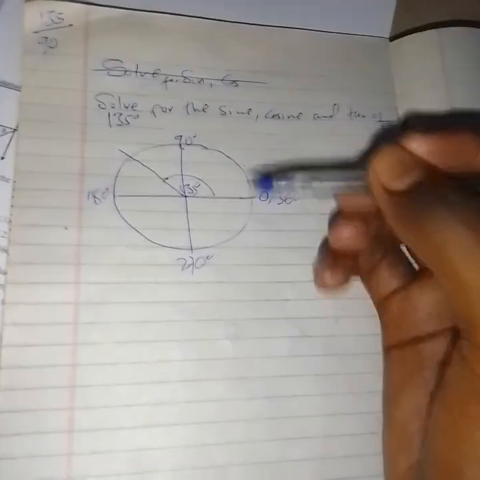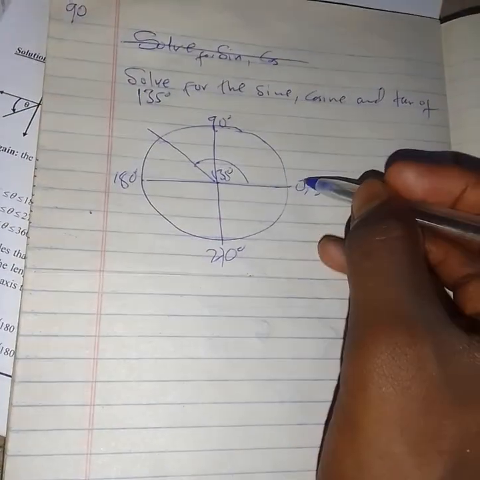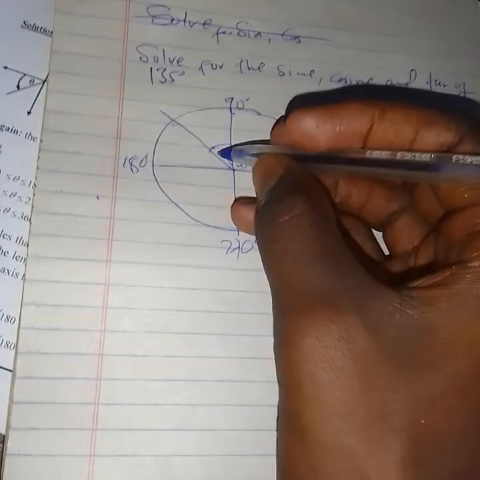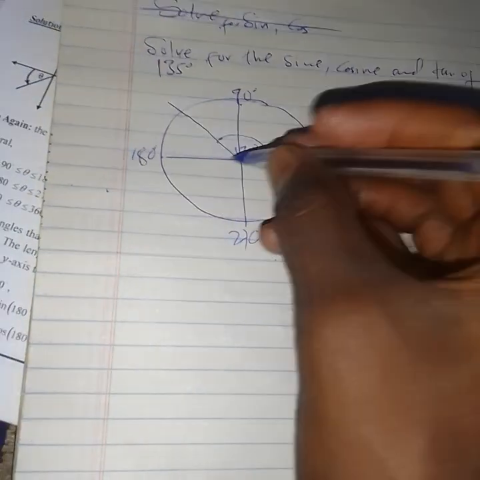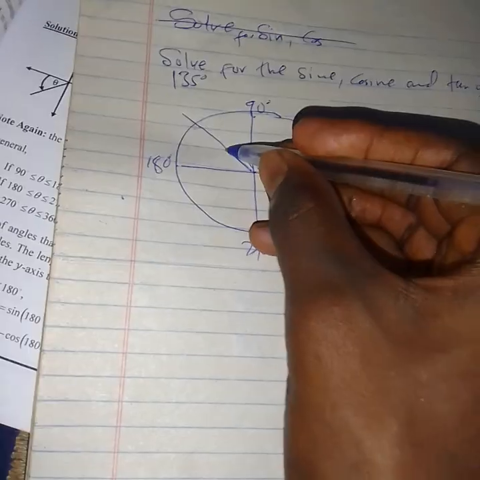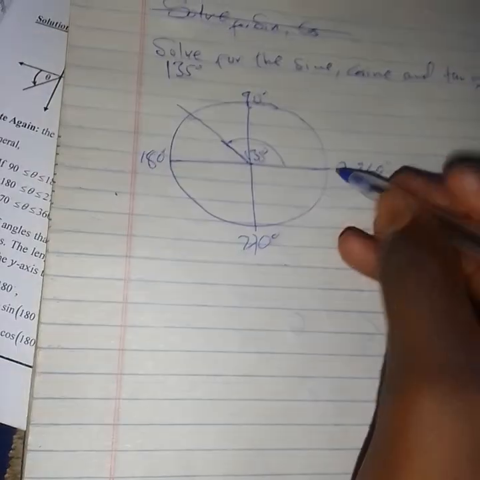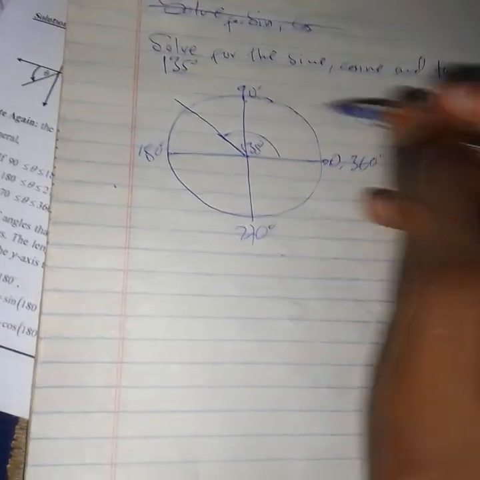Then if you are going to solve it, just like in the x and y Cartesian plane, you ask yourself, what is the angle between the line you drew where the 135 degrees is falling and the x-axis? This is the x-axis, the horizontal line.